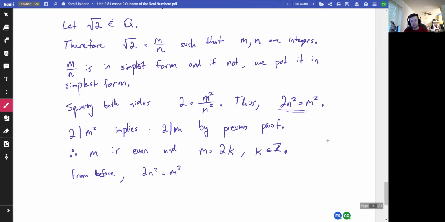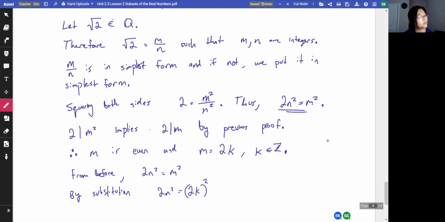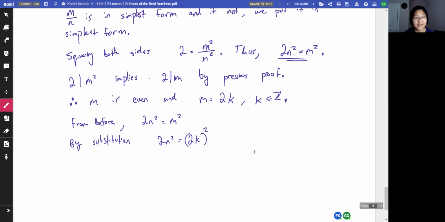2N squared is equal to M squared. But what do we know about M? M is even, so M squared is also even. By substitution, 2N squared is equal to 2K squared. And you just multiply out, then what do you get? 4K squared? 2N squared is equal to 4K squared.